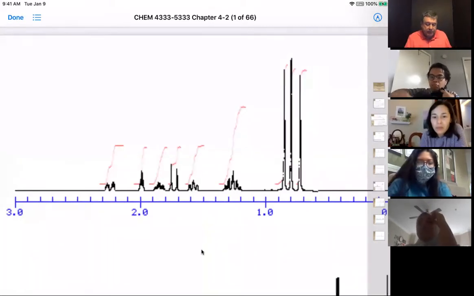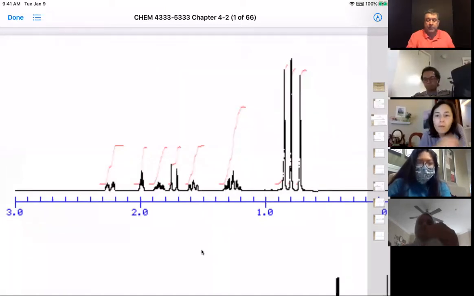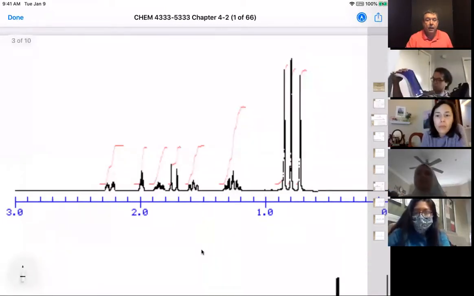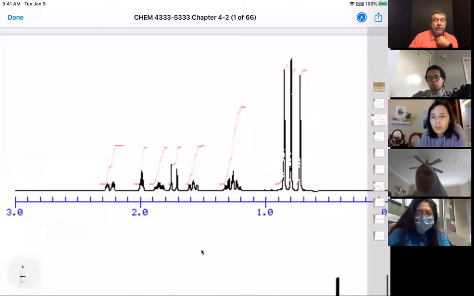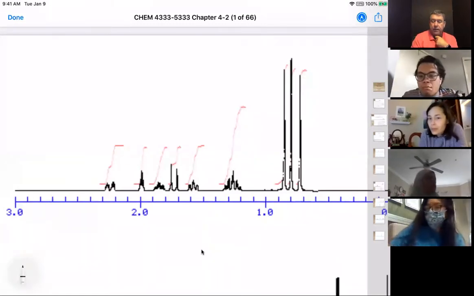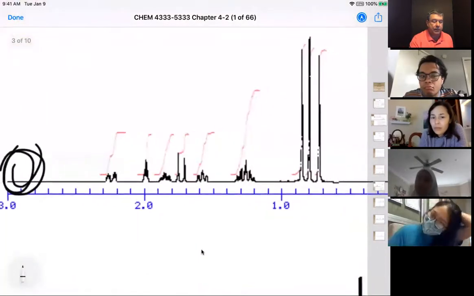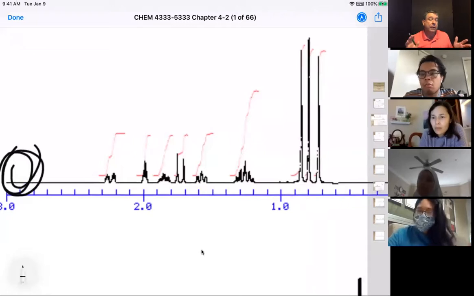But just from what we see here, it's definitely some kind of aliphatic alkane, and there's nothing much above here. So even though it has an oxygen on it, it's probably not an alcohol. It's probably something else.